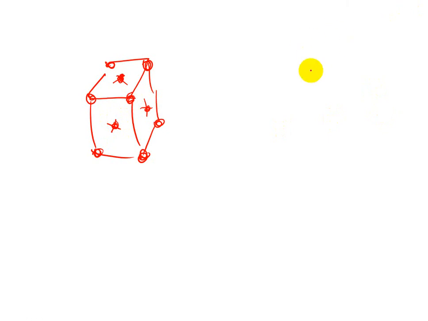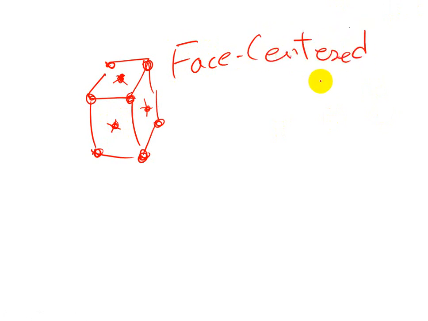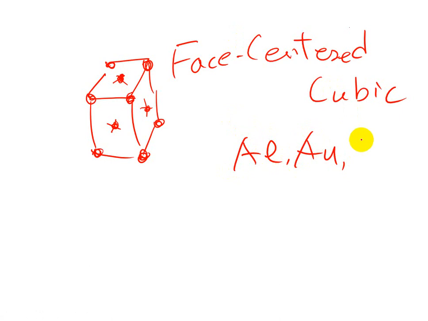So this is the structure. It's a face-centered cubic. Materials like aluminum, gold, copper, and silver have a face-centered cubic structure.